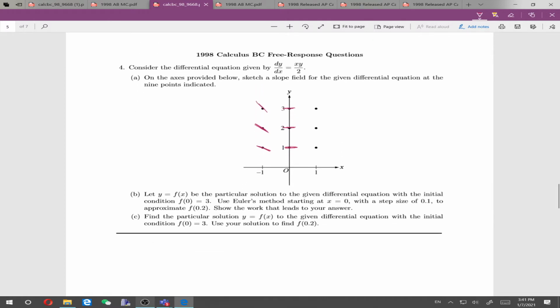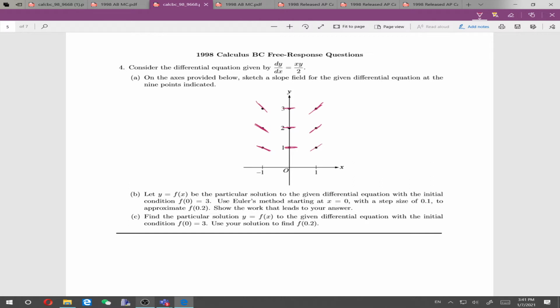Then 1, 2: positive 1. Okay. So we get a slope field that looks something like this.